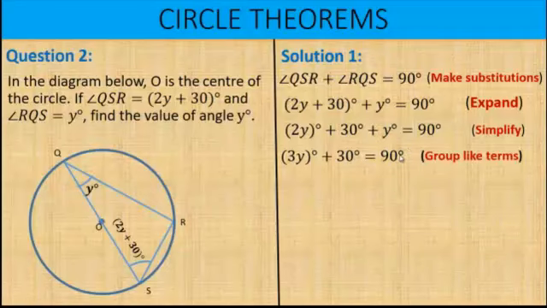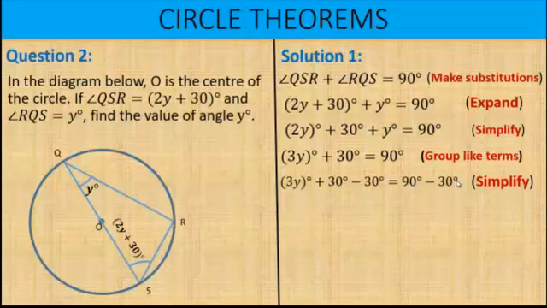Then we group like terms. So which means that this 30 degrees here must be moved to the right hand side. It means that the 30 degrees must be taken to the right hand side of the equation by subtracting 30 degrees from both sides of the equation, so that we have 3y degrees plus 30 degrees minus 30 degrees, and this would be 0, equal to 90 degrees minus 30 degrees.